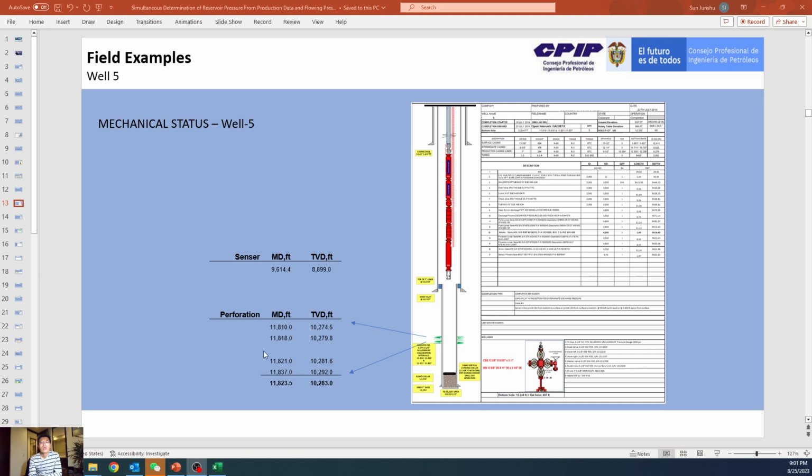First is around 11,818 in measured depth, and the second perforation is around 11,837 feet.